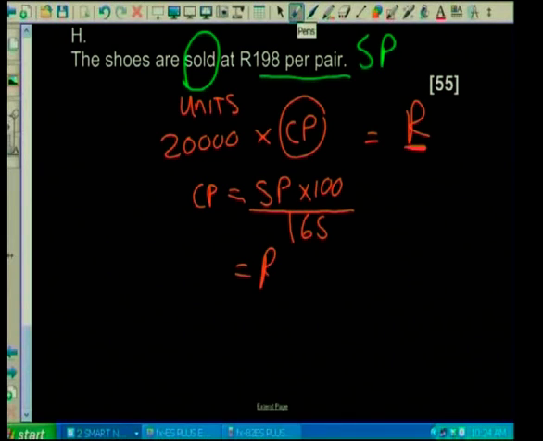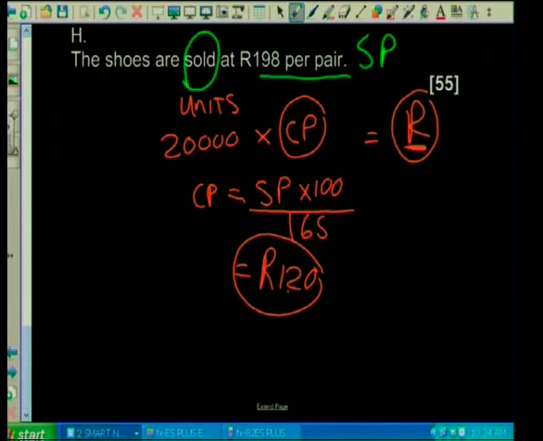That is the cost price. So we've got our cost price. Let's extend that page there as an amount of 120 Rand. All I have to do now is take my 20,000 units times my cost price of 120 Rand, which will give me my total cost of finished goods.